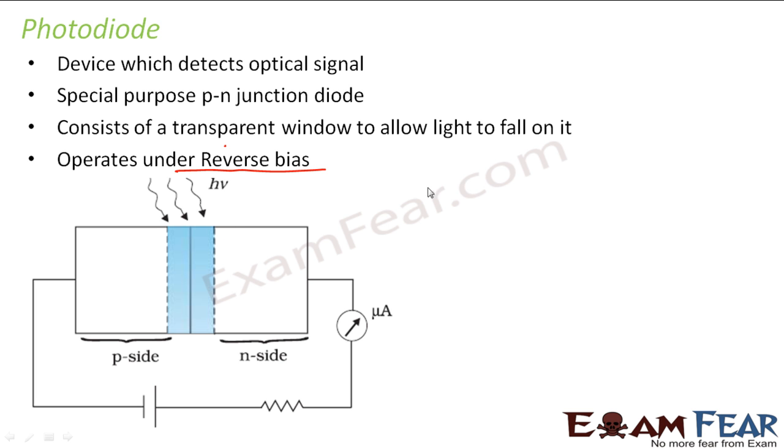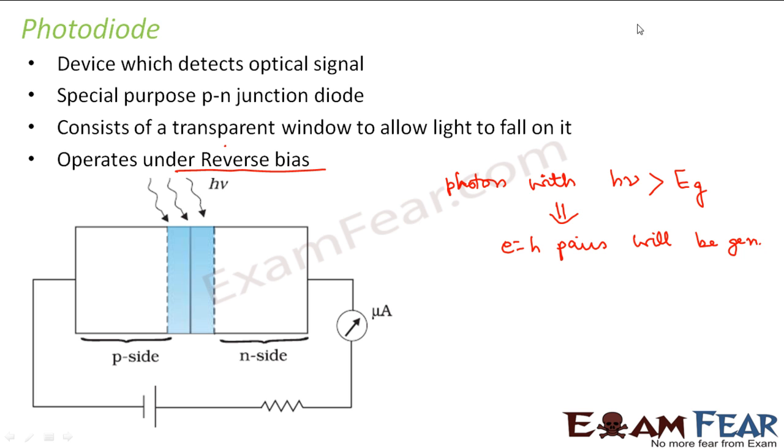So let us suppose a photon with energy h nu, which is greater than the energy gap of the semiconductor, right? Because every semiconductor has got some energy gap. So if the photon with energy h nu, which is greater than the energy gap, falls on it, then what will happen?